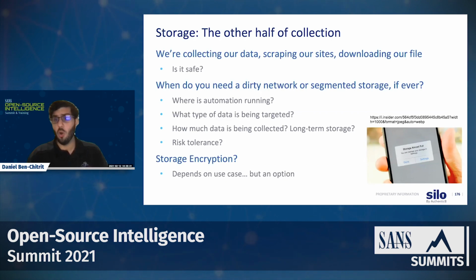If you have a very low risk tolerance, using segmented storage and segmented networks increases the security of your system, but it also increases the level of effort needed to sustain the automation, the collection, and the storage, as well as the effort to perform the analysis and data science that you want to do, especially if parts of that data do live on a clean network.